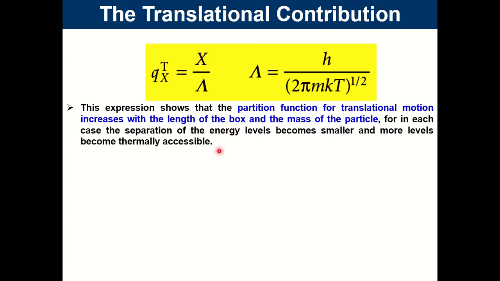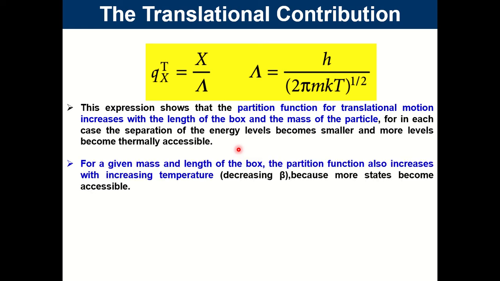Which means the separation of energy levels becomes smaller, and more and more levels become thermally accessible. So that's what it means when we say that the partition function increases. That means you are talking about more and more energy levels being made accessible at a given temperature.